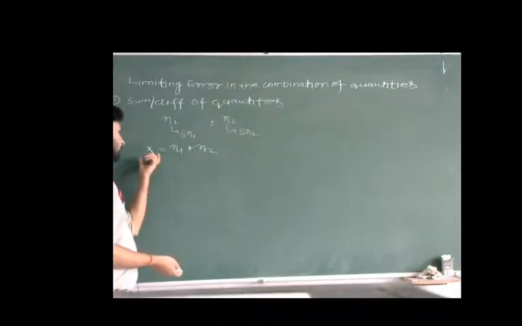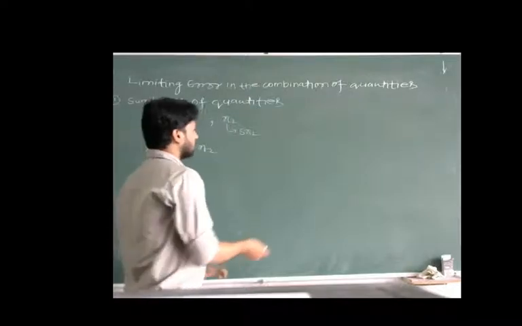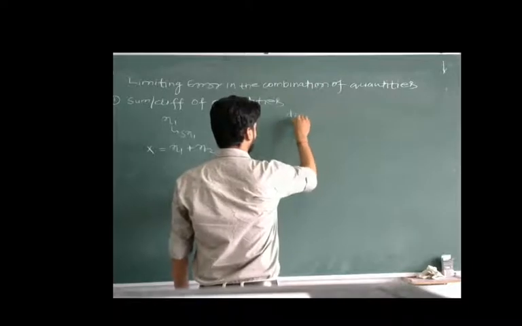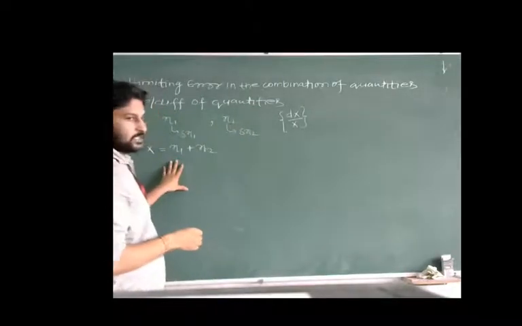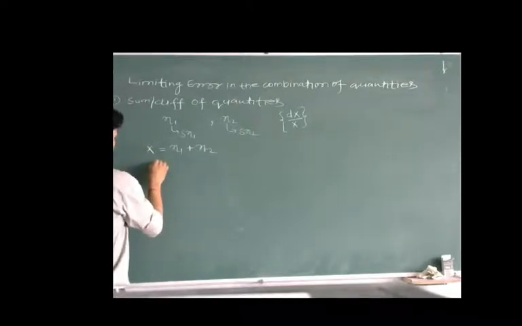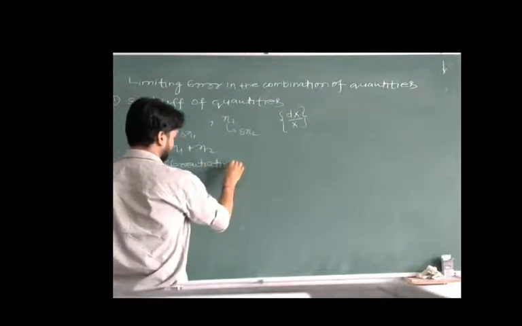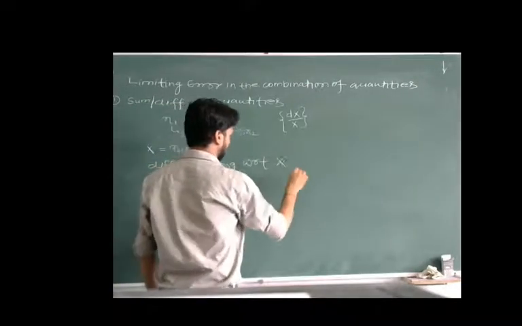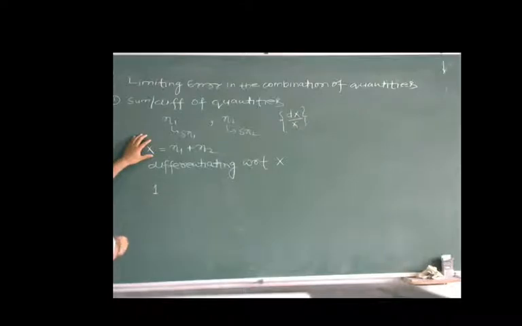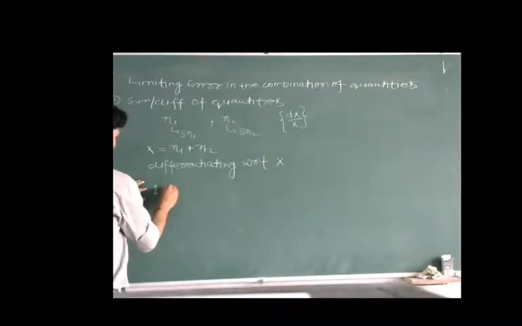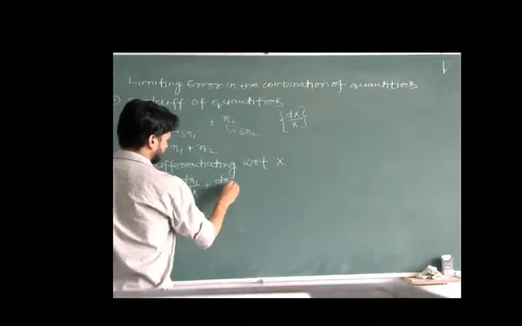We have to find out the error in the result, the quantity capital X. To find out the error, we have to calculate the relative increment of the function, meaning dx by capital X. So to find this, we have to differentiate this equation with respect to capital X. After differentiation, differentiation of capital X with respect to capital X will become 1, and this will become dx1 over dx plus dx2 over dx.